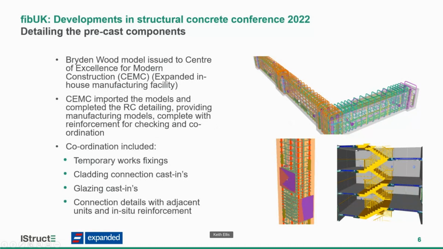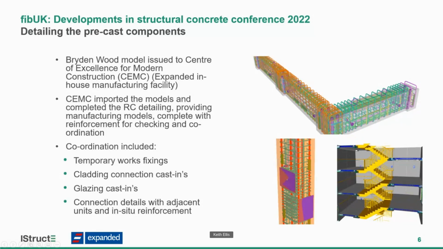The reason for doing the 3D was that, structurally, it was a very technical building. The loads were fairly high in places, and we needed to make sure we coordinated all the inserts. So we've got the column well voids to get the column anchors through.